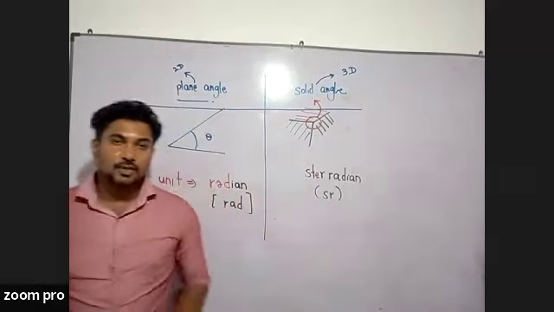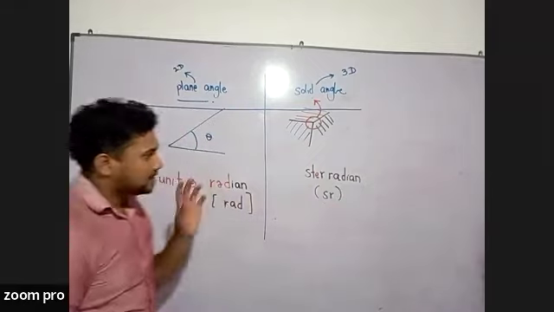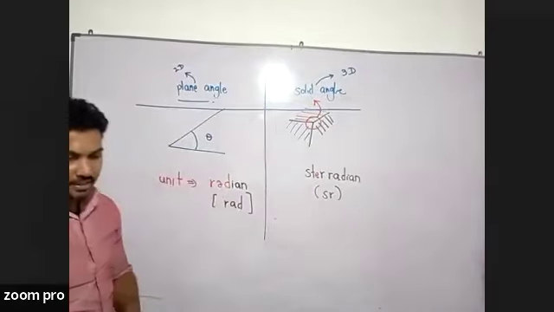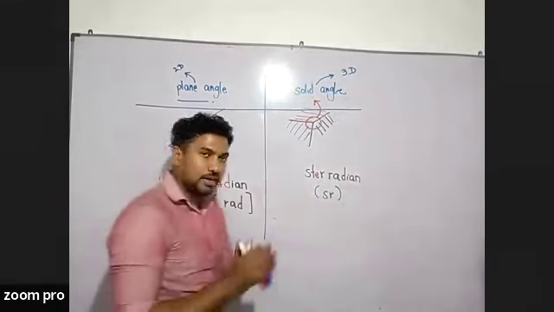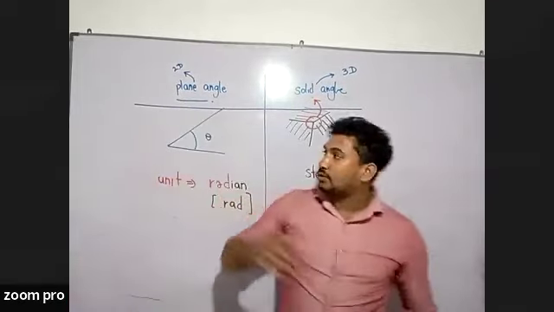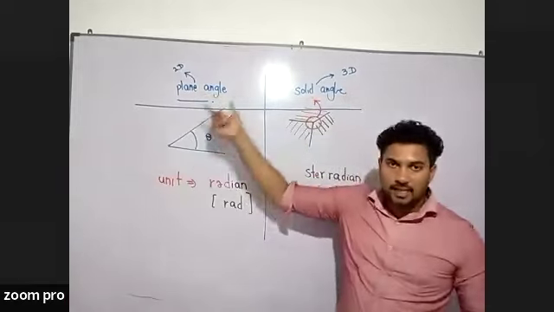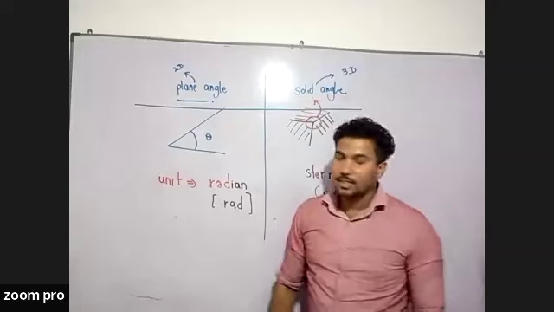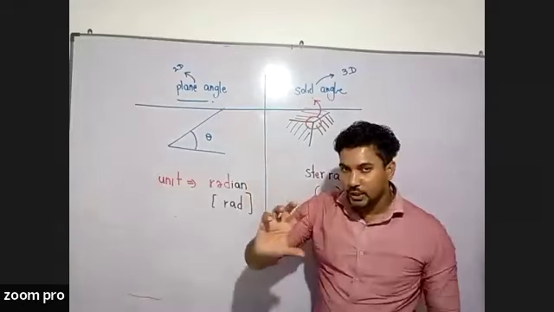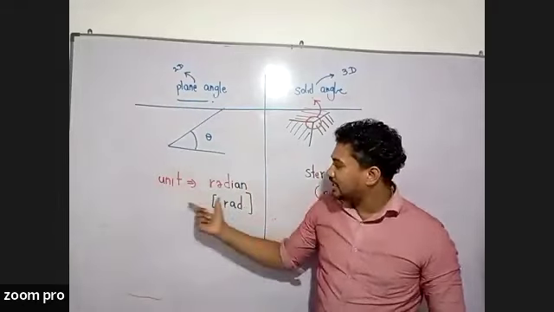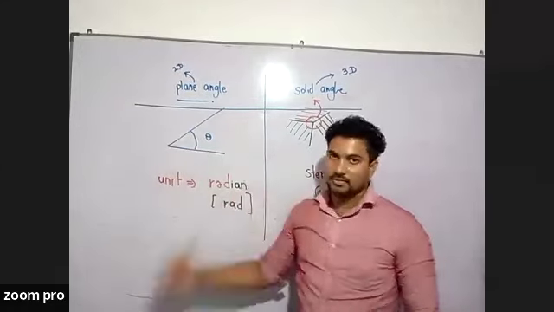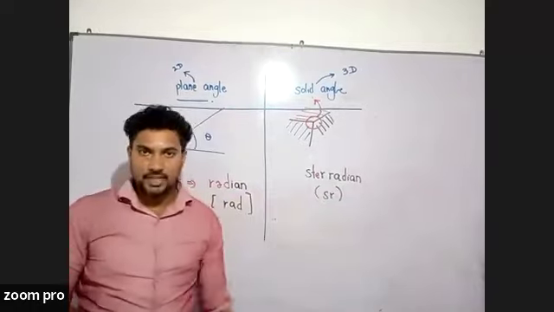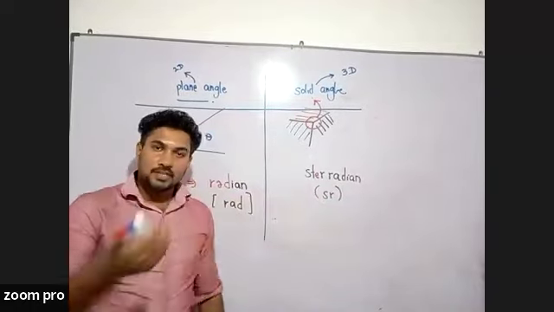Right. So guys, now we are going to discuss the main part under the supplementary angles. As I mentioned earlier, out of these two types of angles, we are mainly concerned about the plane angles. What is the unit used to measure the plane angles? It is obviously radian. So now we are going to discuss some more things related to radians.